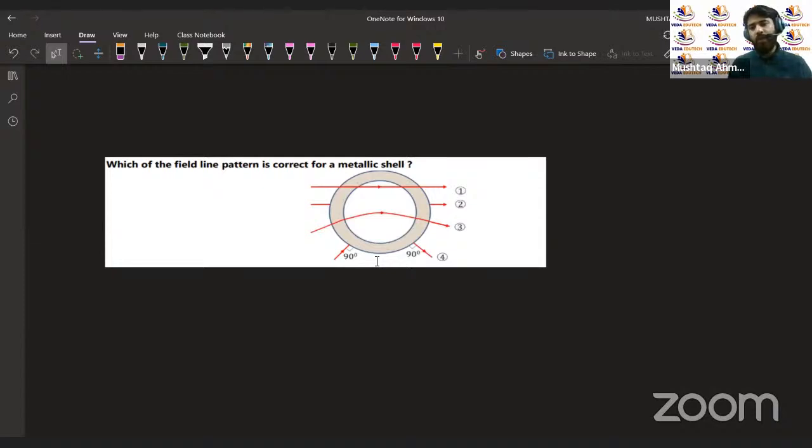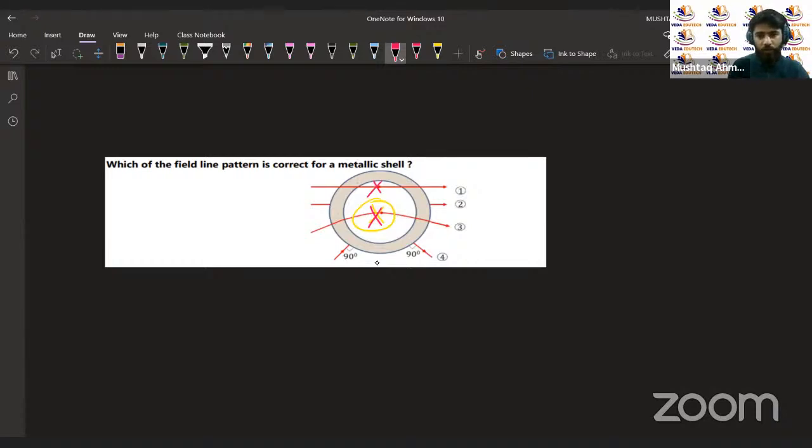In this question, we have four patterns given: pattern 1, pattern 2, pattern 3, and pattern 4. We know that on the metallic shell, electric field lines inside the surface do not exist, right? There will be no electric field lines inside the metal. So option number 3 is incorrect, because no electric field line exists inside a metallic conductor.